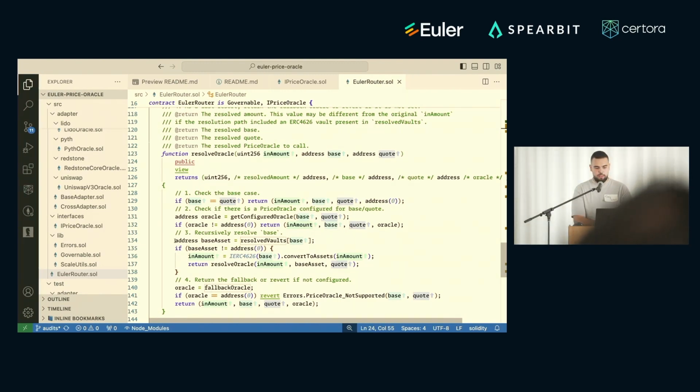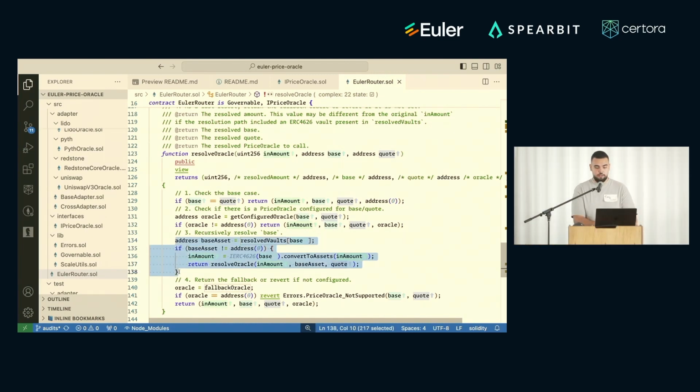And the interesting part is here. The router basically has first-class support for ERC-4626 vaults. If you go back to Derek's EVK presentation, he said something about that.